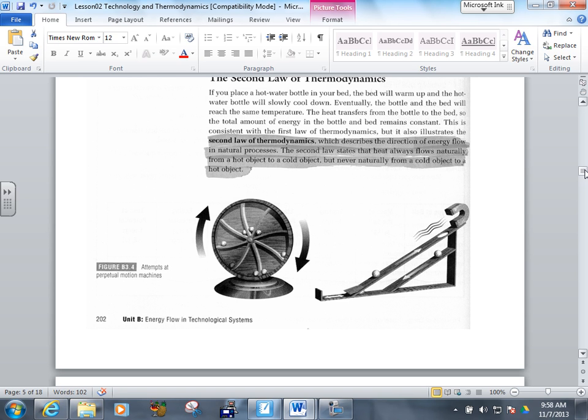Okay. So big thing here with the second law of thermodynamics: heat always flows from hot to cold. And not just heat. I mean, it's mechanical energy as well. All right. If something's moving really fast, and a low energy object is coming towards it, when they hit each other, which one transfers energy to which? The fast object or the slow object? Yeah, the fast object transfers energy to the slow object.